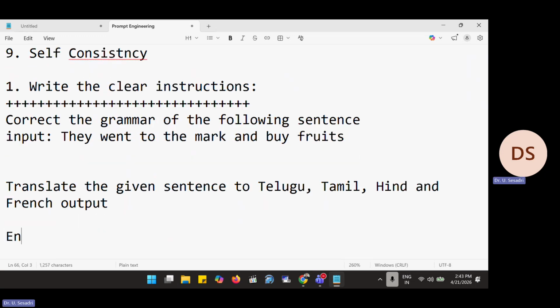Here, I give the English input: how do I learn data science?